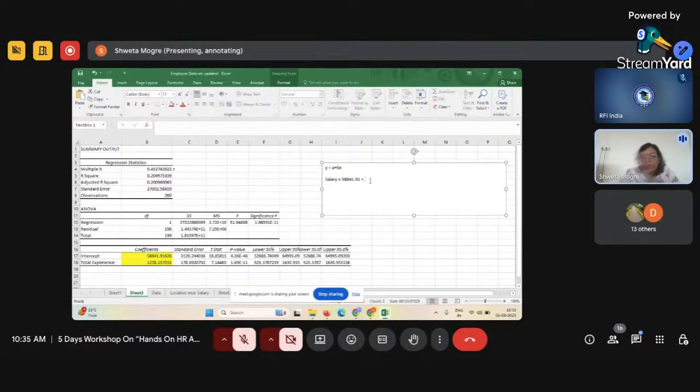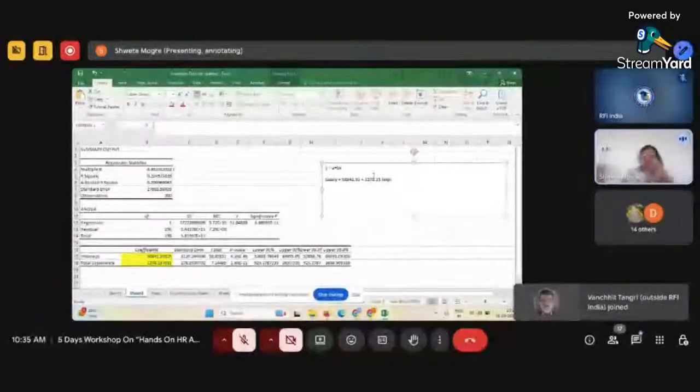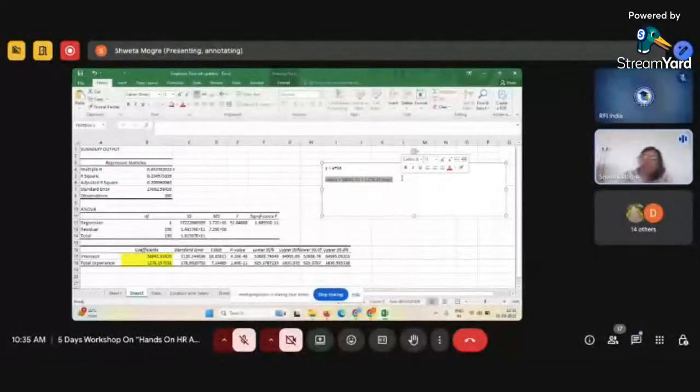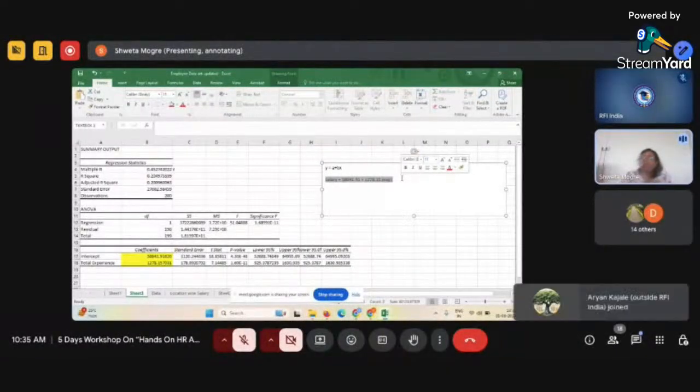So the b value is 1,278.15 multiplied with experience. My X variable is total experience. So this is basically a regression equation between salary and experience.